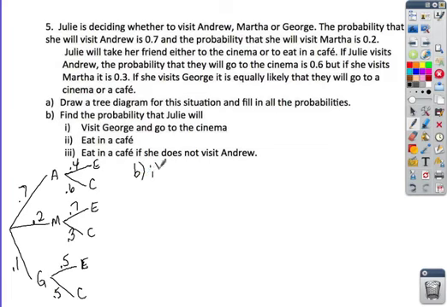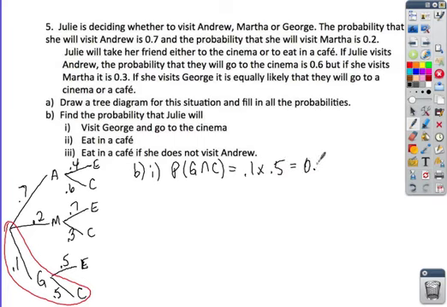So for B, part 1, we're looking for the probability of George and cinema. So we simply multiply along that branch. That is George and cinema, which is this branch right here. Multiply the probabilities. It's 0.1 times 0.5 for an answer of 0.05.